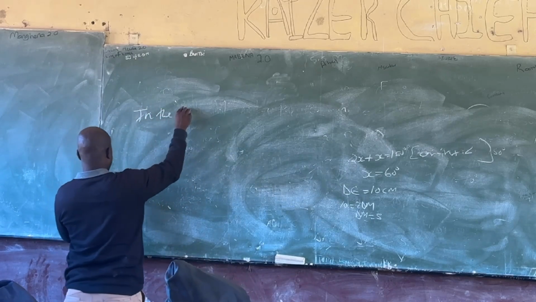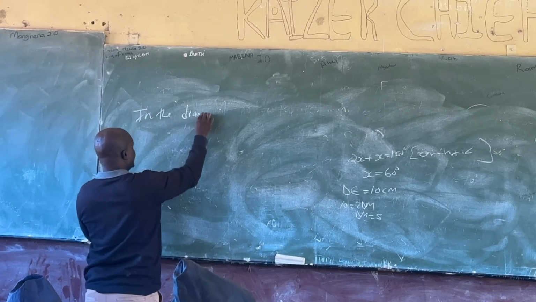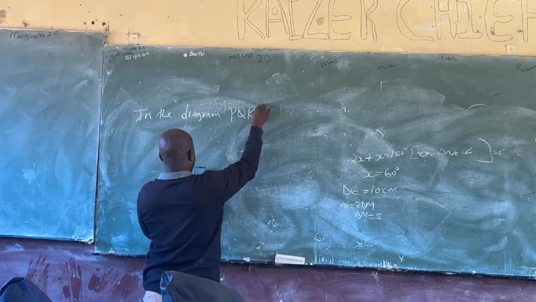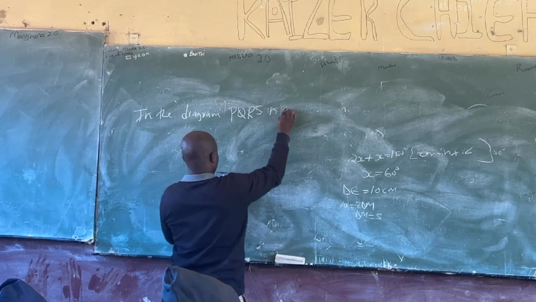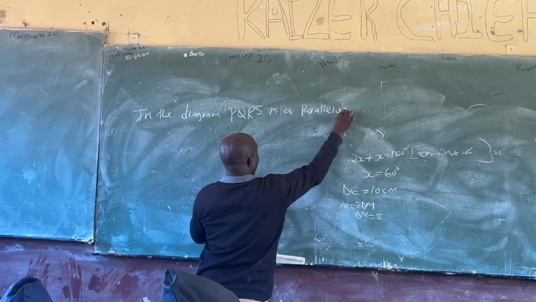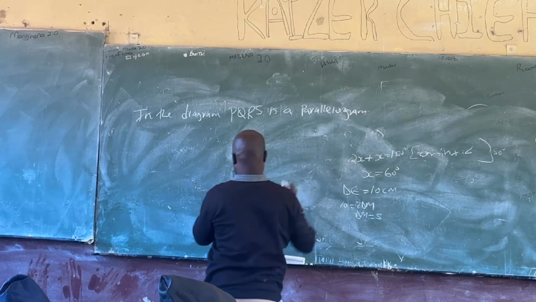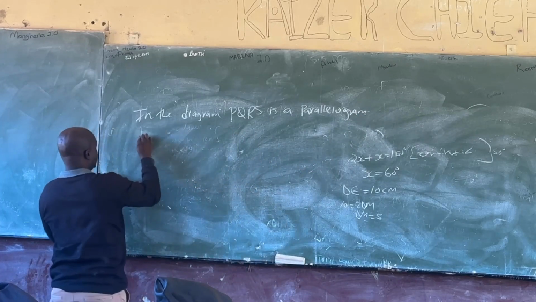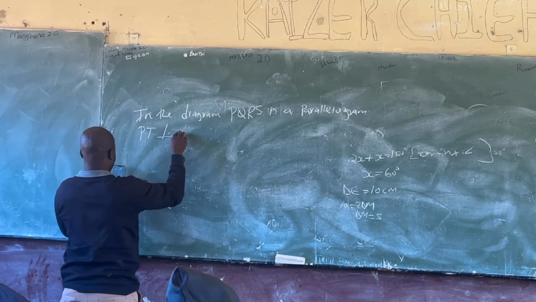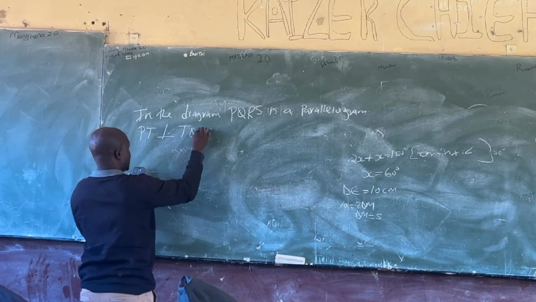In the diagram, PQRS is a parallelogram. PT is perpendicular to TQR.